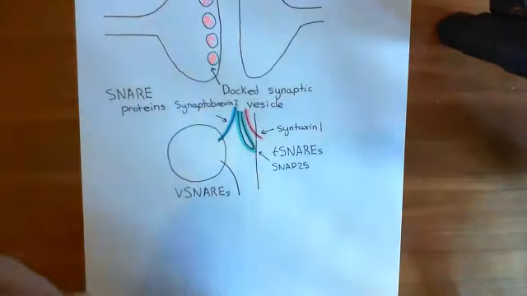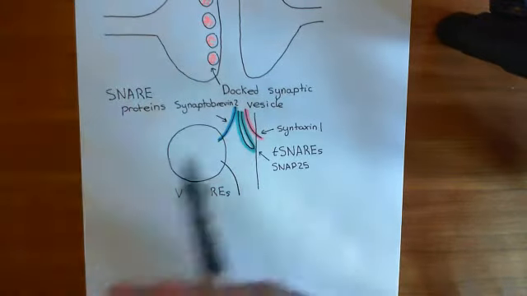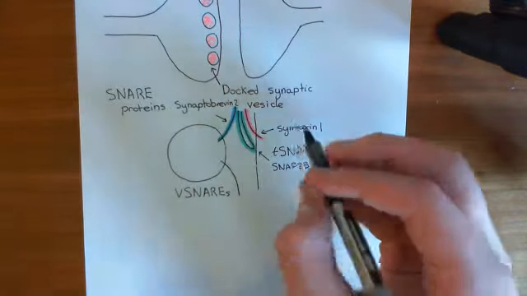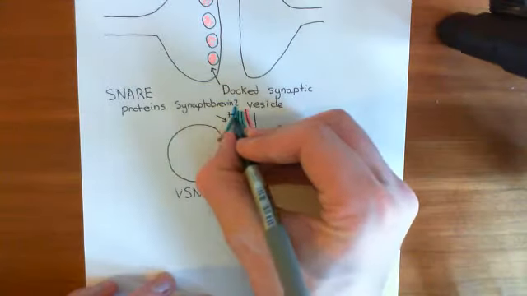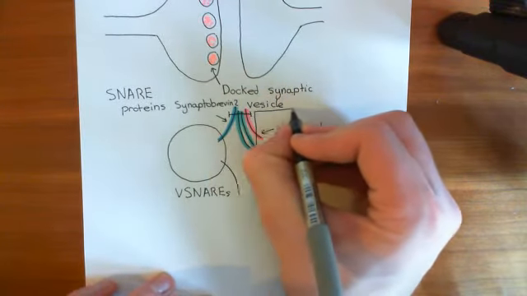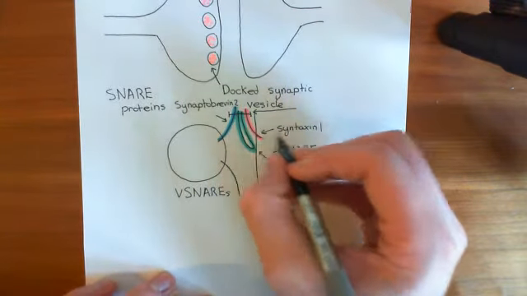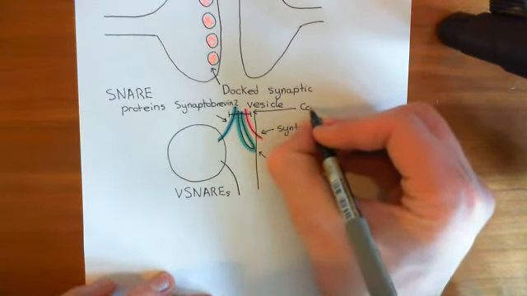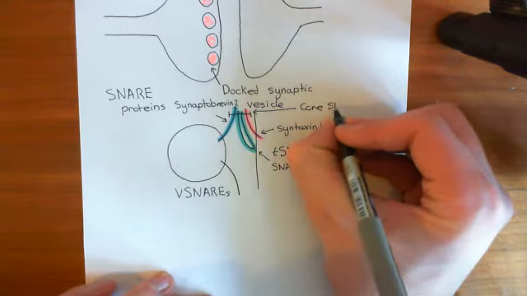Okay, now what happens basically is that these alpha helices intertwine, they wrap around each other to create what's known as a core-snare complex. So this wrapping around the different alpha helices contributed by the different snare proteins, this is known as a core-snare complex.